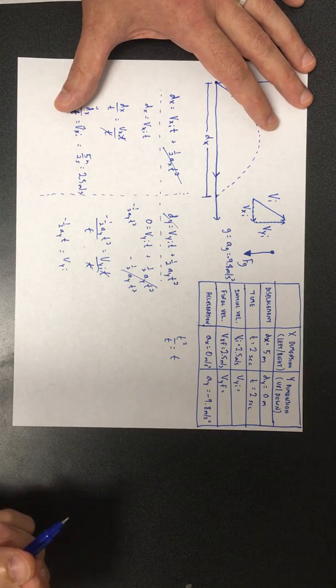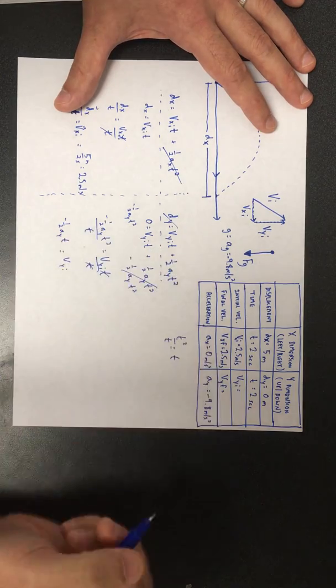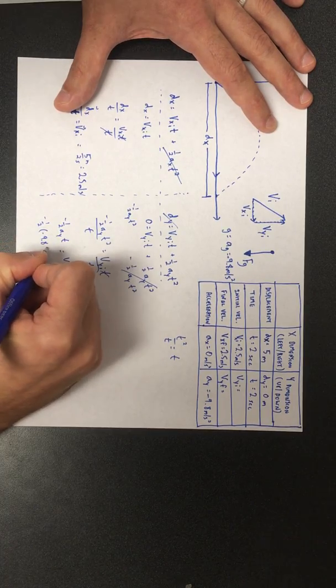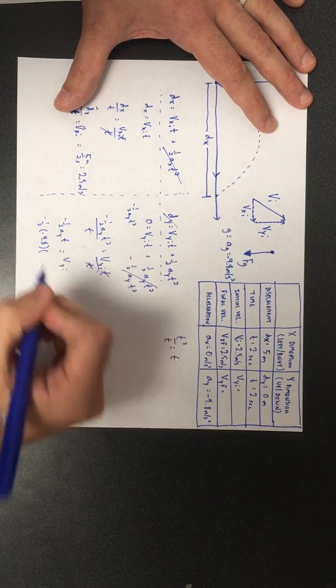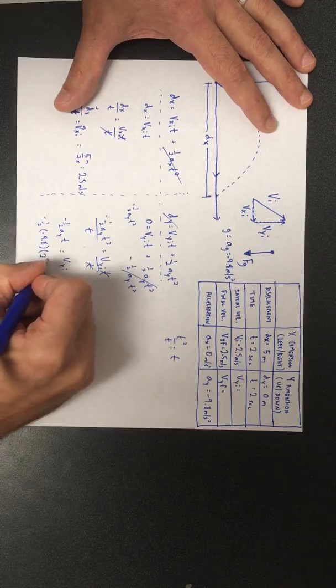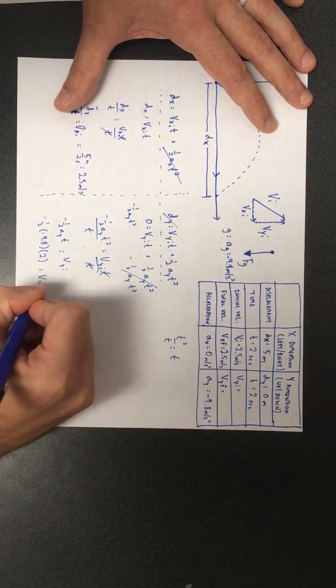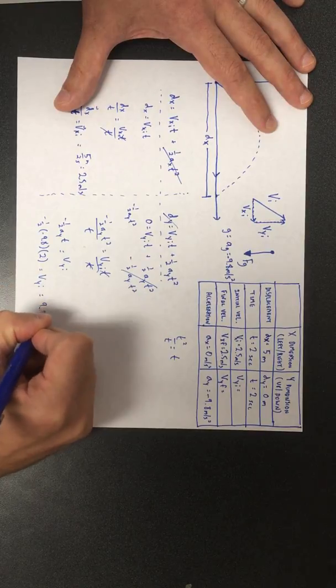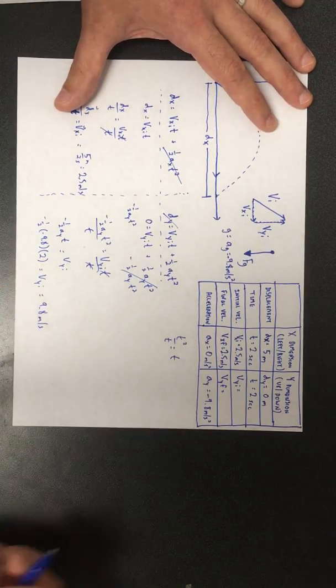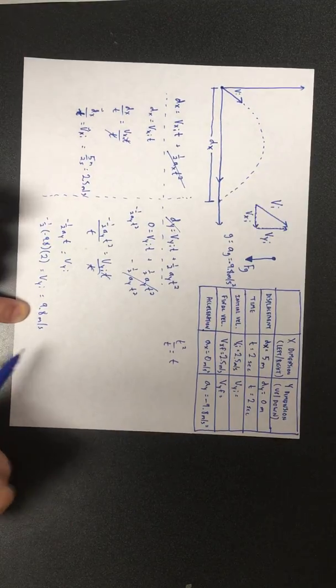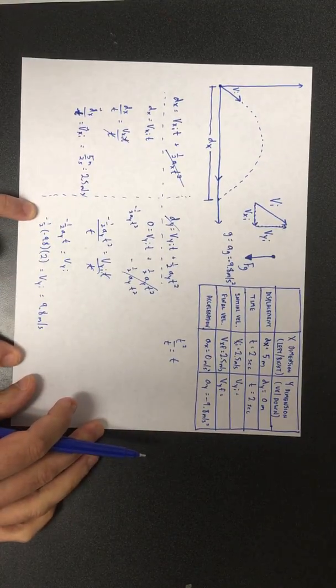For my numbers, I can plug that in, and I can say negative 1/2 times negative 9.8 times 2 seconds equals, coincidentally, 9.8. Now, yours isn't going to be that clean, and notice this is 9.8 meters per second, not meters per second per second.